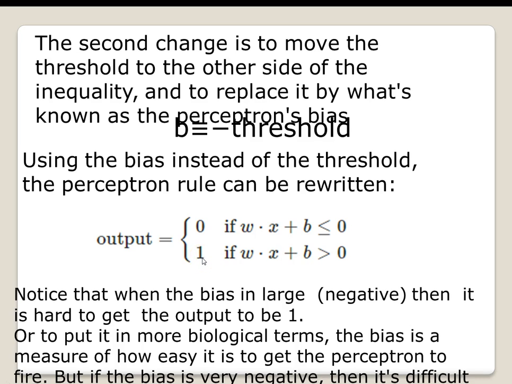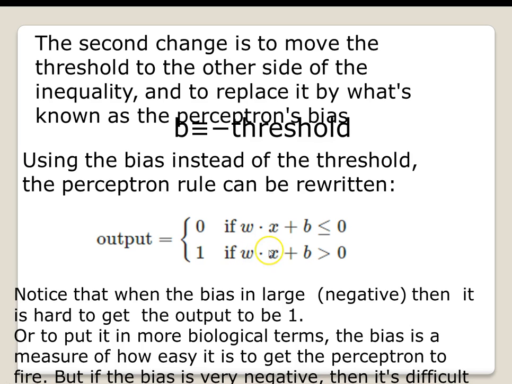In other words, it's going to make it harder to fire. We said the neuron's going to fire. So when b is a large negative number, the neuron is not likely to fire. It's going to take a lot of input to make it fire.